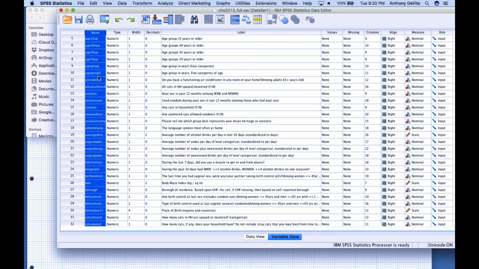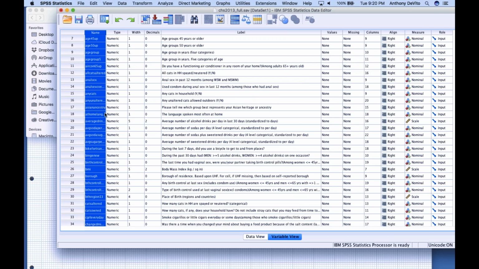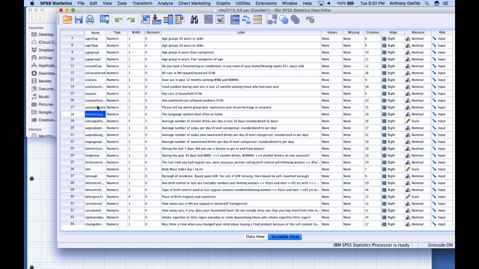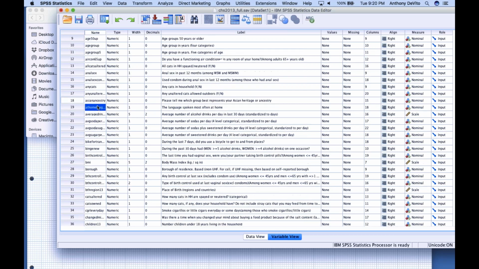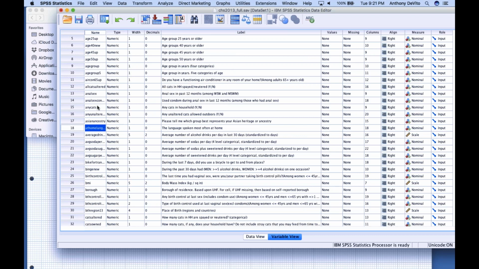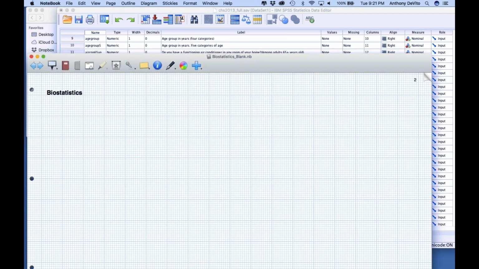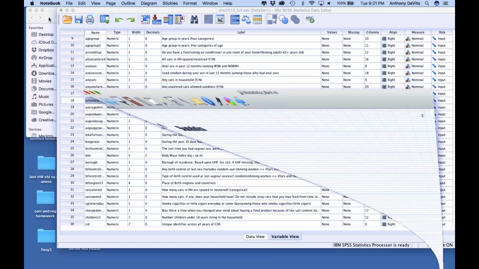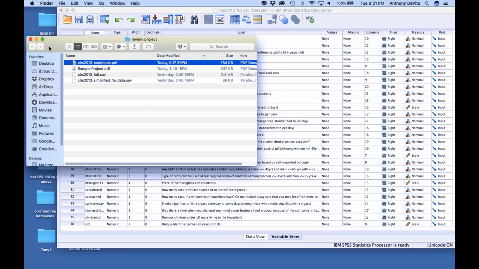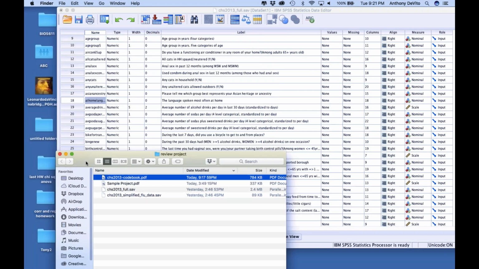So if I want to find asthma, let me click away here so I can read it a little bit easier. I'm trying to remember exactly what the variable name looked like.